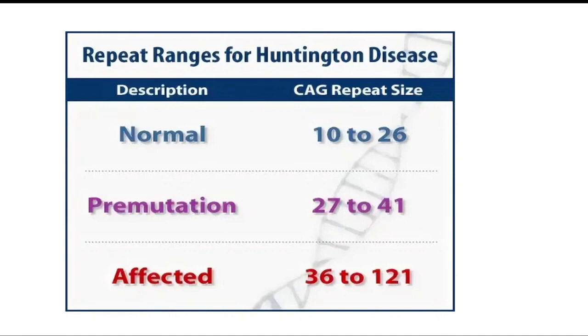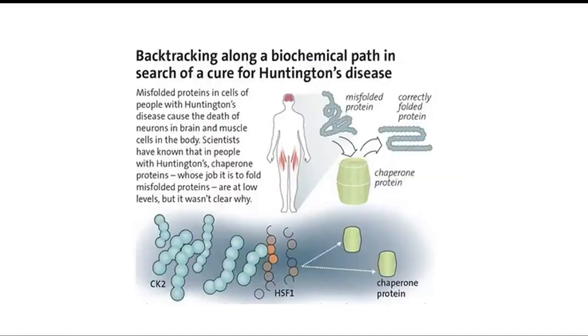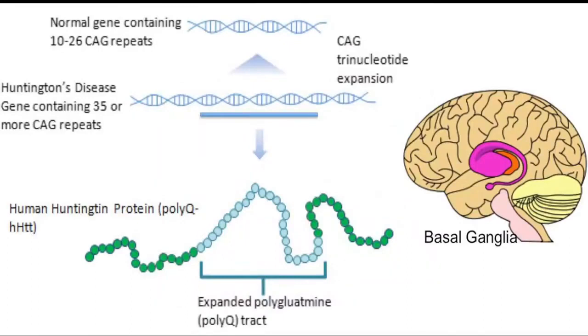So the reason is an increase of CAG repeats from 36 to 121. As a result of this mutation, the polyglutamine number increases in the human Huntington protein.